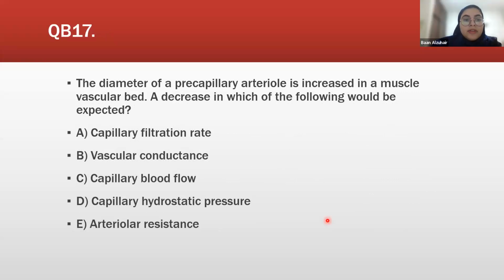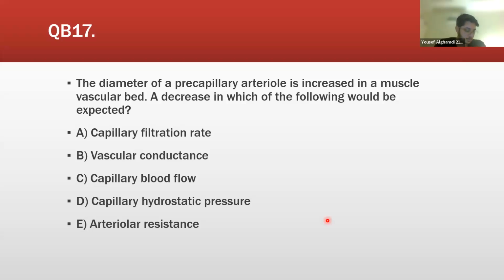So the diameter of a precapillary arteriole is increased in a muscle vascular bed. A decrease in which of the following would be expected? Increase in diameter. What would decrease? Come on, guys.